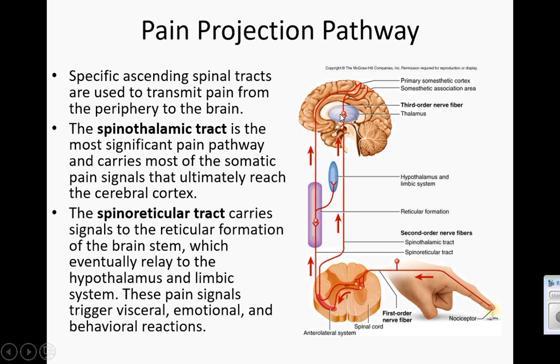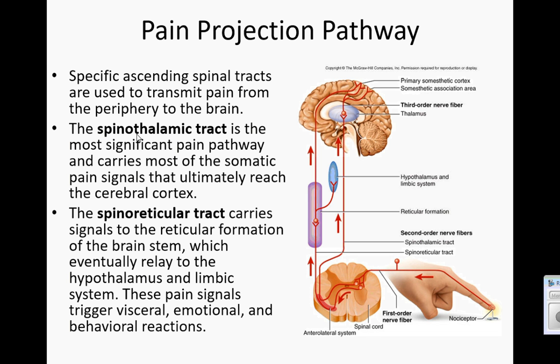Sometimes they go directly to our thalamus. If it's going directly to our thalamus by way of that second order neuron, which is our most significant pain pathway, which I would highlight or underline, we call it the spinothalamic tract. This is where most of the somatic pain signals ultimately reaching the cerebral cortex travel.